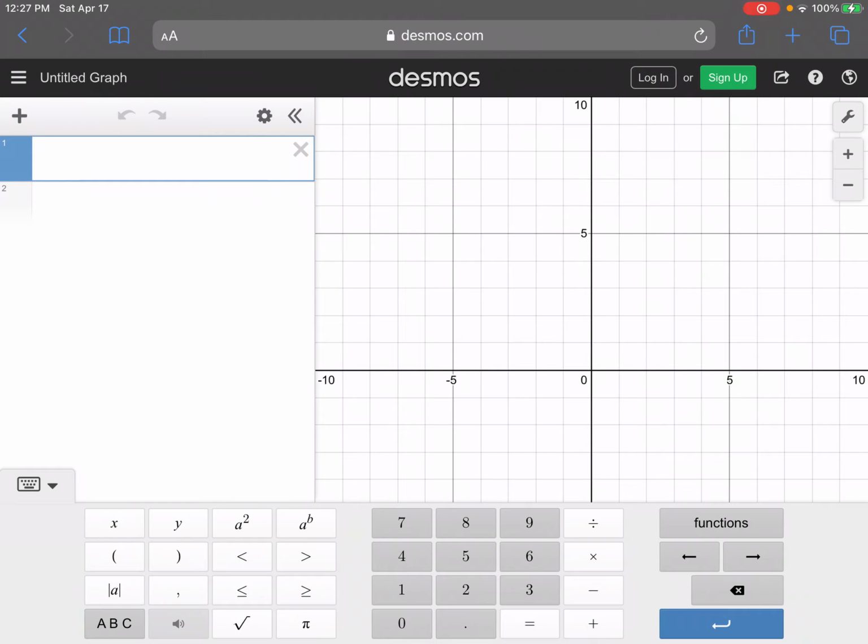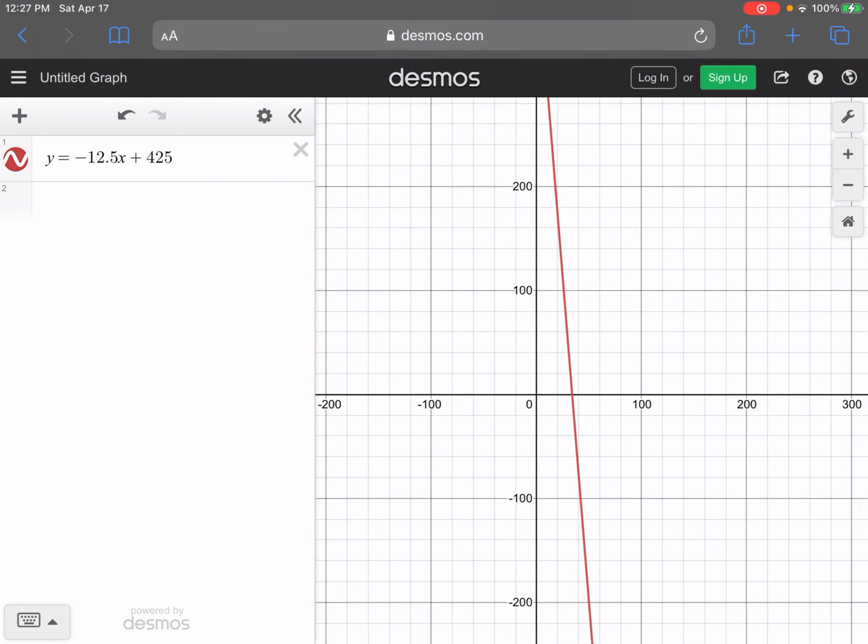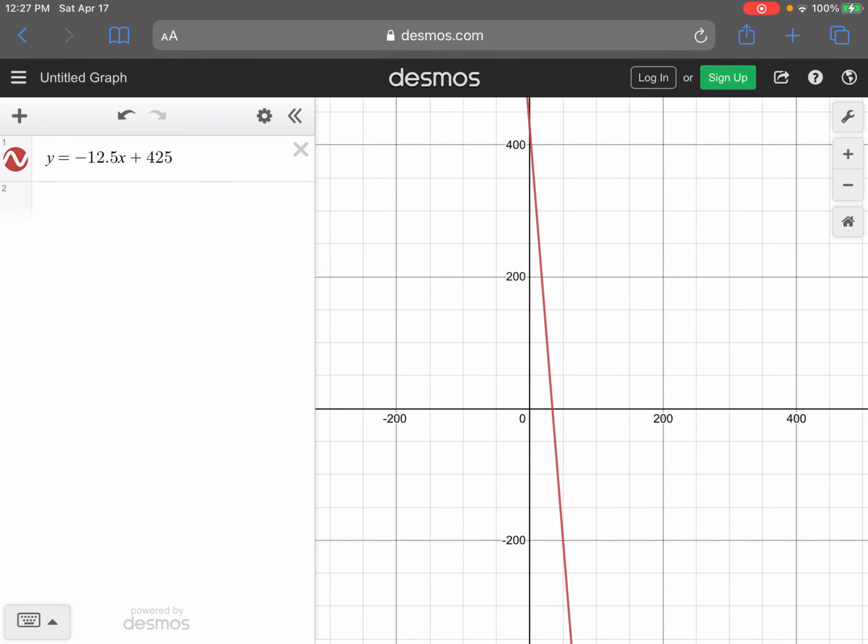It's easier to use the keyboard, but it's y equals negative 12.5x plus 425. And you'll notice I can't see my graph, so I just like to take my hands and make it so I can see it. Okay, and then we've got our equation in there.